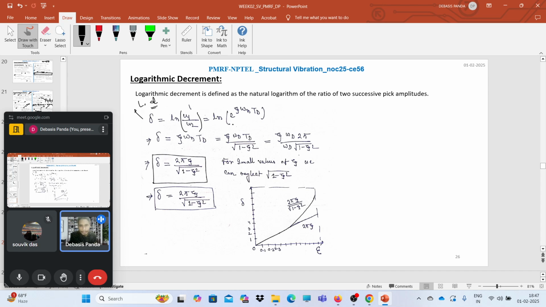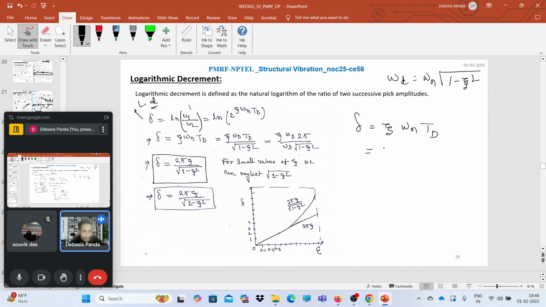That means ln of e to the power xi omega n td. So delta equals nothing but xi omega n td. Now simplify it a little bit. What will we get? We know omega d is nothing but omega n under root of 1 minus xi square.